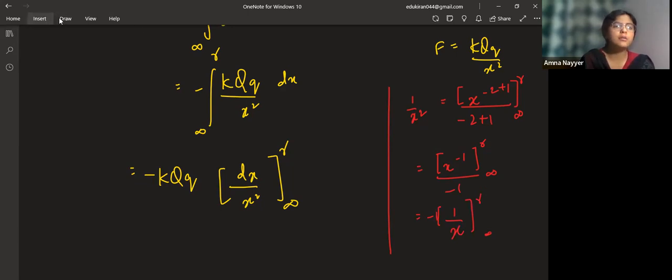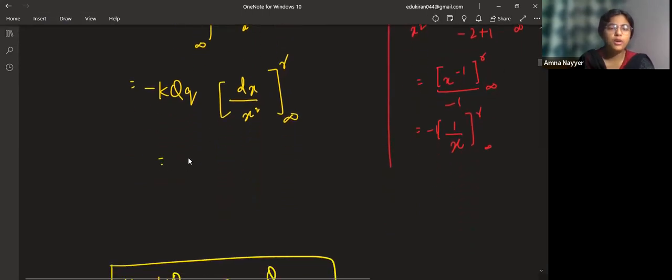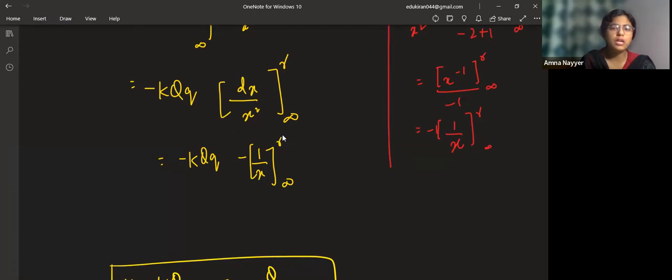Now the integration becomes easier. For this particular point, you can say minus K capital Q small q, and this term we have solved aside, becomes minus 1 by x integrated from infinity to R. Minus into minus becomes positive, K Q q, and what is left here?